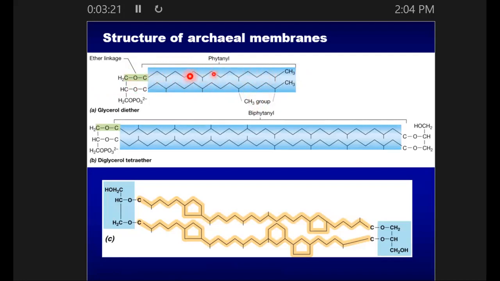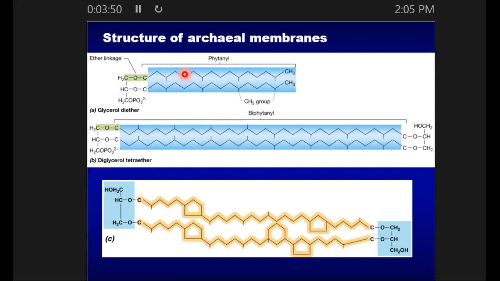This can form a bilayer: with figure A, you can just take this image and flip it, leave a space in between, and then you have the bilayer membrane that this particular archaea would have.